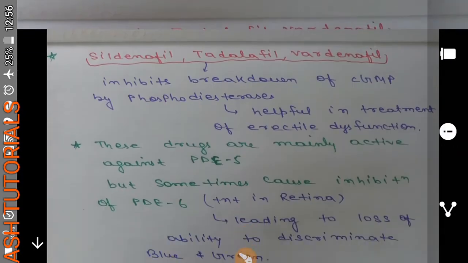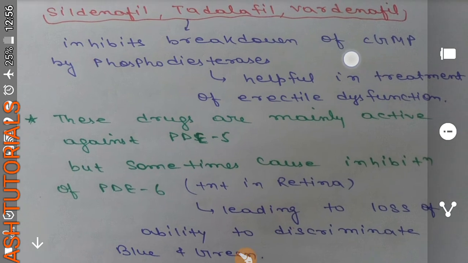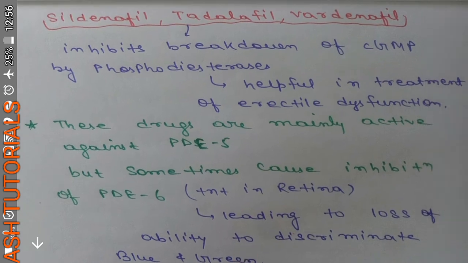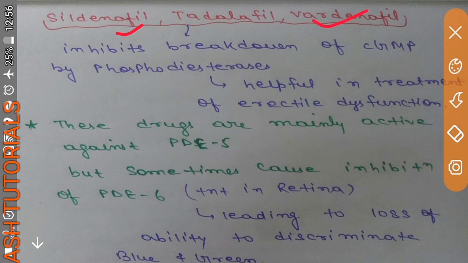Now moving to the next slide, the clinical part of the erection. We often use the drugs Sildenafil, Tadalafil, and Vardenafil. They all inhibit the breakdown of cGMP by phosphodiesterase, as we know that cGMP is broken down by phosphodiesterase.